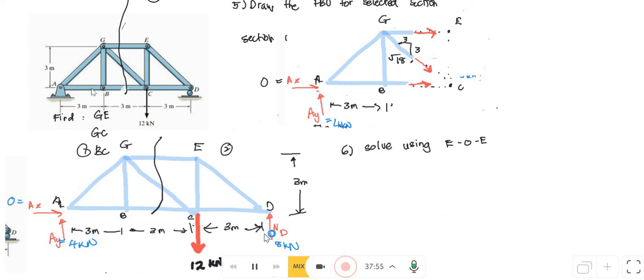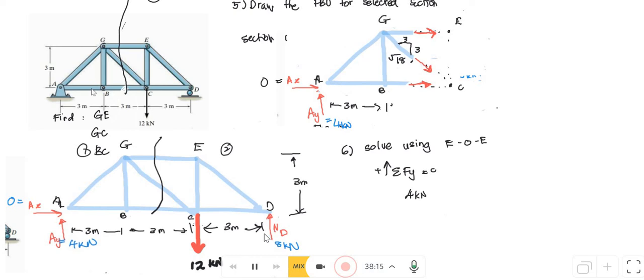So you can choose summation of Fy equal to 0. Plus here, we have Ay, it's 4 kilonewton positive, because we assumed first it is tension.